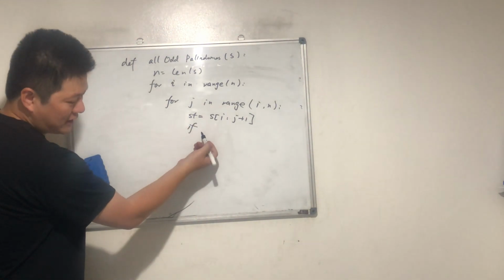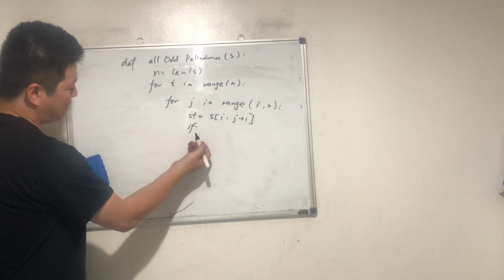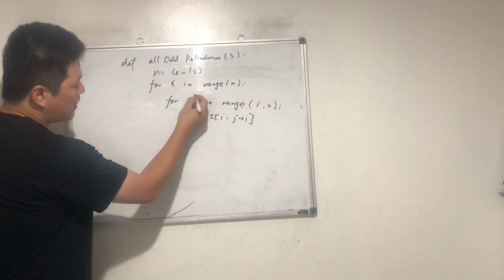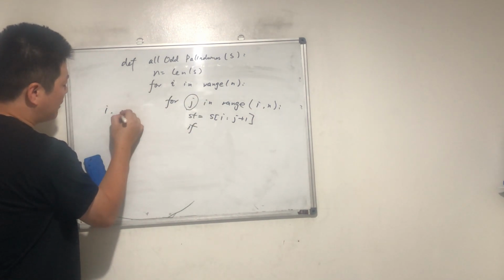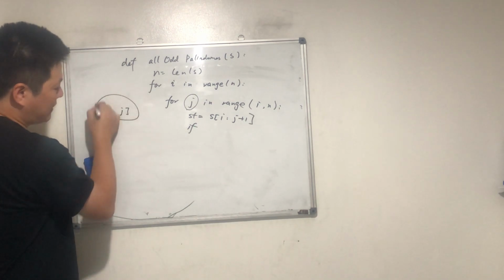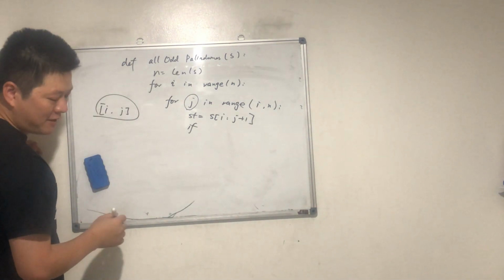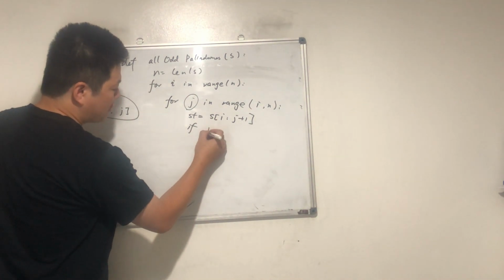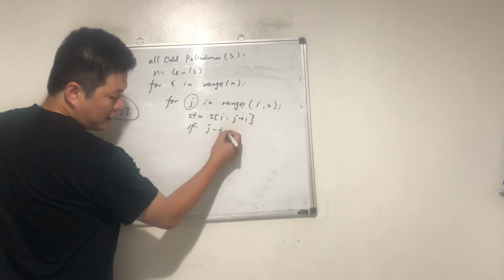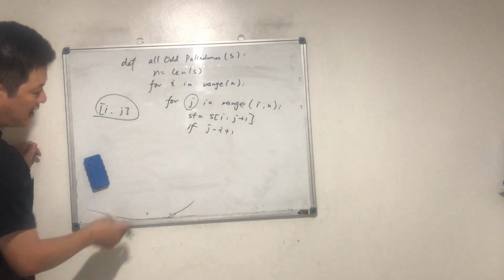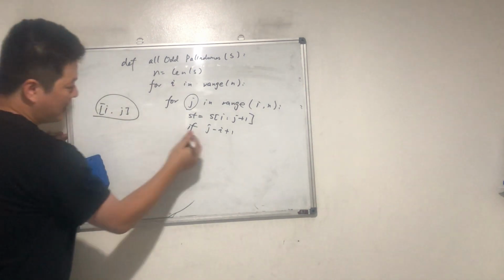So how do we check if it's even size? How many characters are there from i to j inclusive? It's j minus i plus 1, right? That's how many characters from i to j.